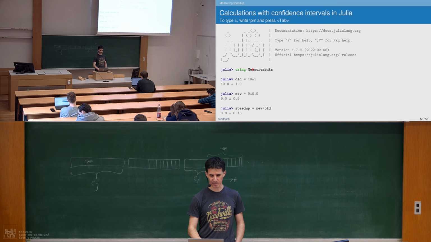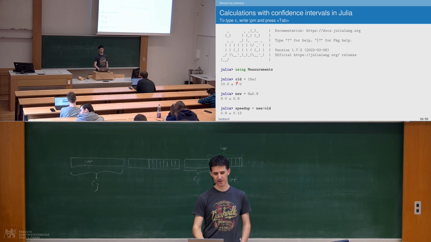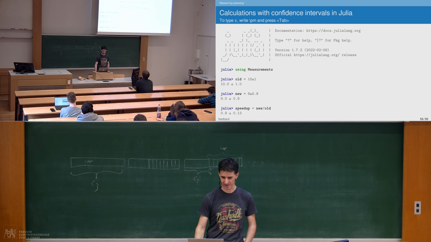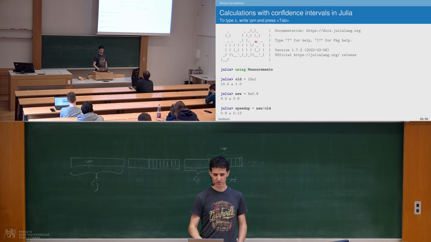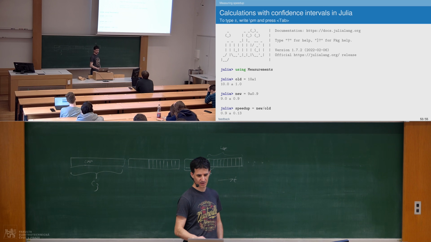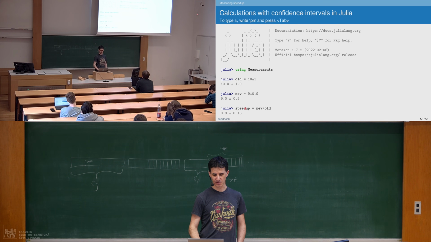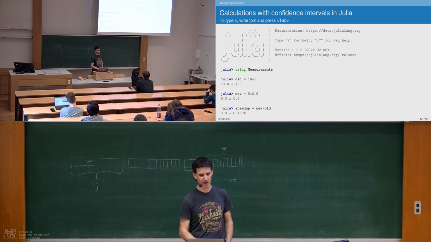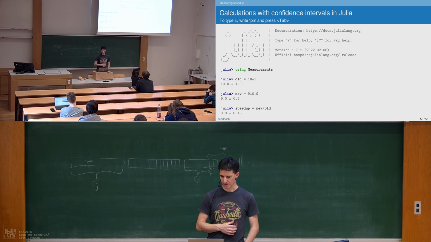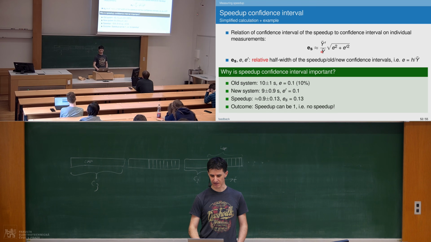So with this package you can just use something like old speed up is 10 plus minus 1. You just type it into Julia like this, using these tricks to enter this plus minus, and then you simply calculate the speed up like new divided by old, and Julia will calculate the correct confidence interval for this ratio according to formulas like this.